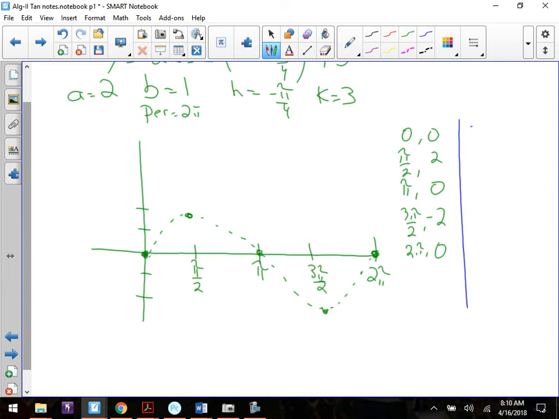So we have -pi/4, 3 pi/4, 5 pi/4, 3 pi/4, 5 pi/4, and then 7 pi/4.